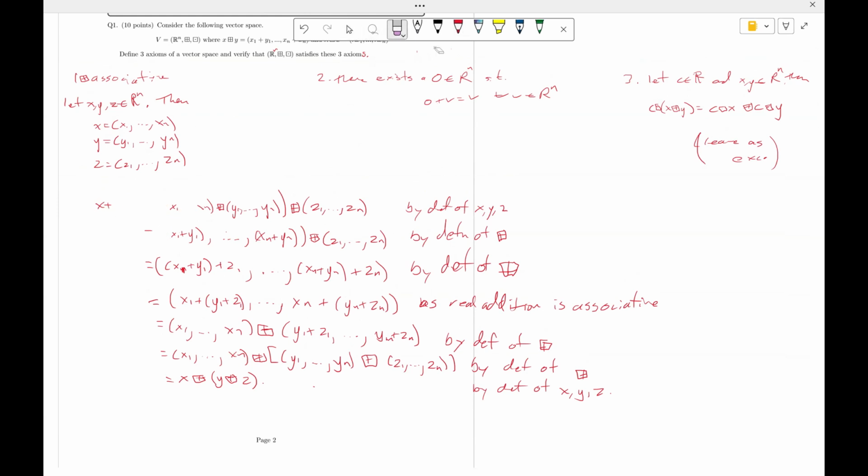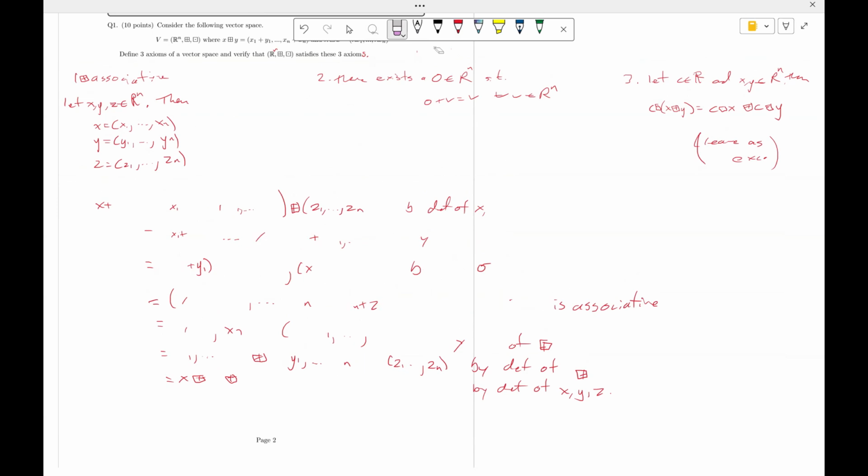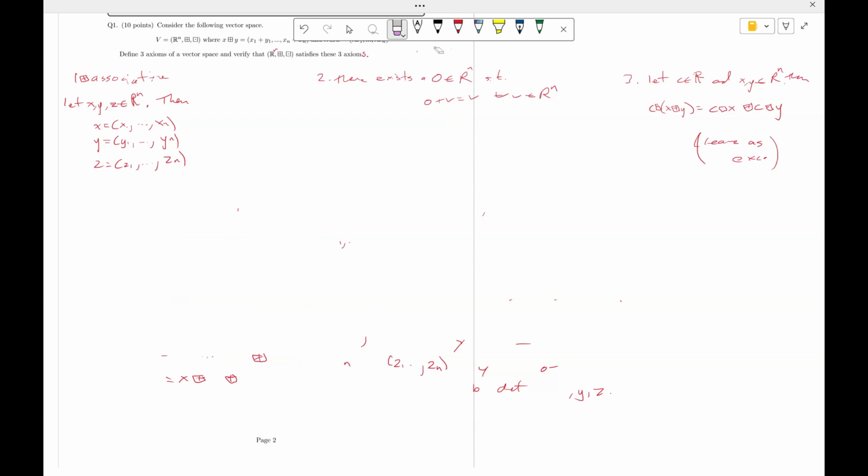So, erasing what we did before, consider 0, where 0 equals (0, 0, up to 0) is in R^n.